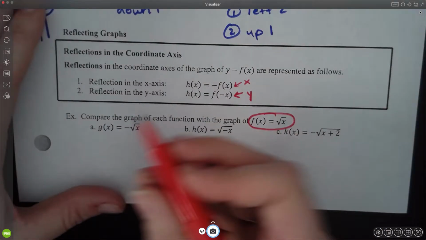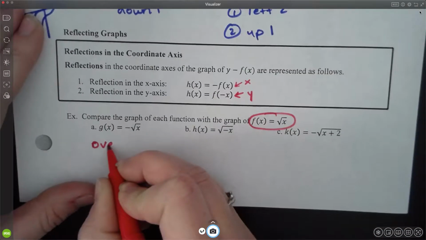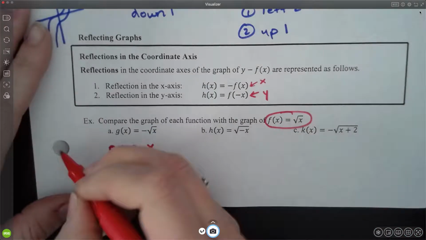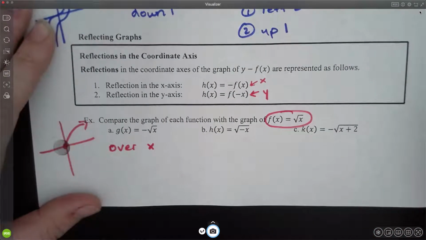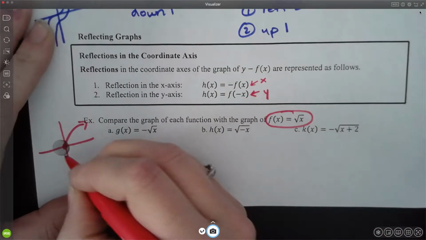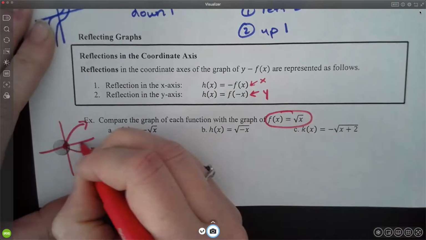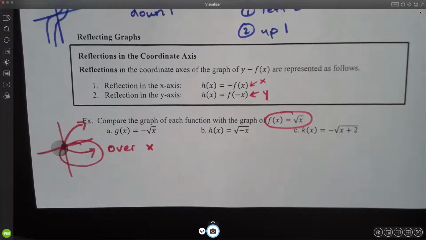A lot of times I'll be lazy and I'll just say over x. I'm going over the x-axis. So, this guy to start with, the square root function, looks like that, so I'm going over the x-axis, so my new one looks like this. This is the new part. And I know that since I know all the shortcuts, rather than plotting the points.